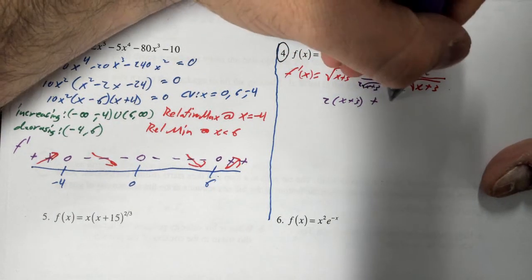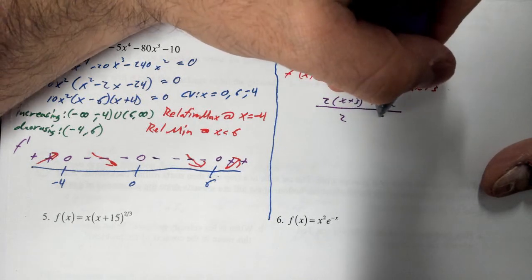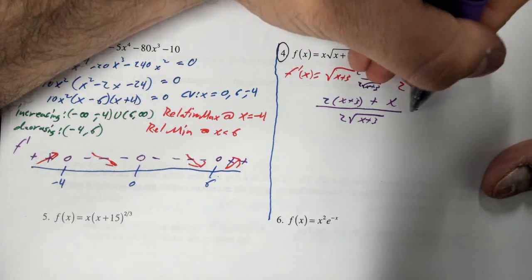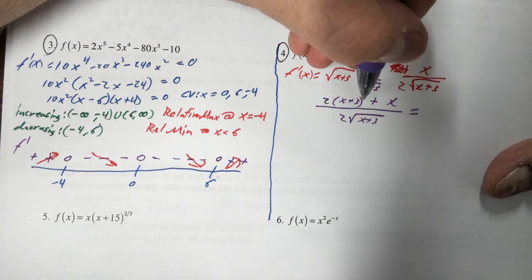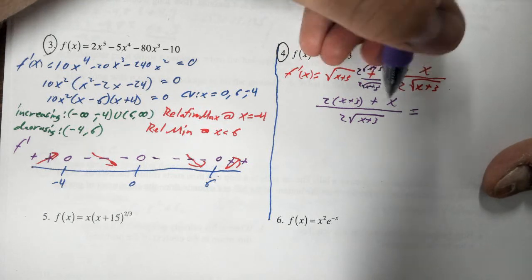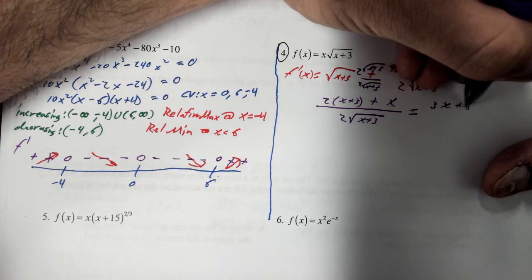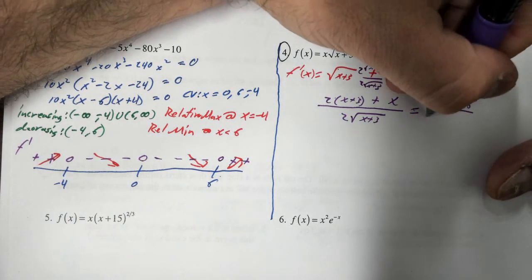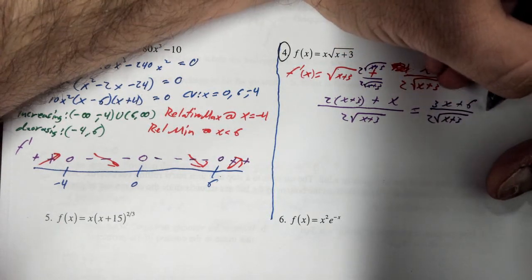Then we have plus x. Now it has a common denominator of 2 square root of x plus 3, which is 2x plus 6 plus another x. So we have 3x plus 6 over 2 square root of x plus 3.